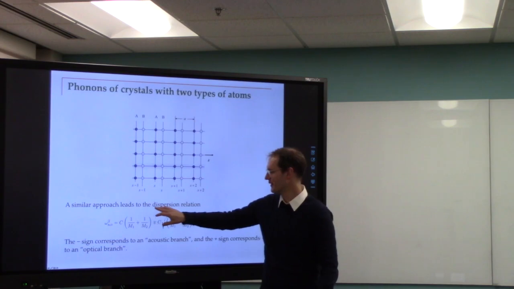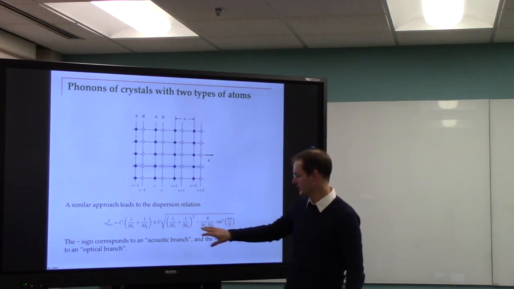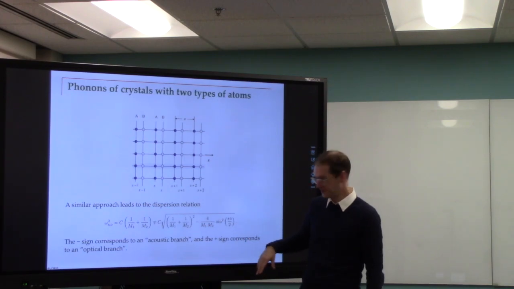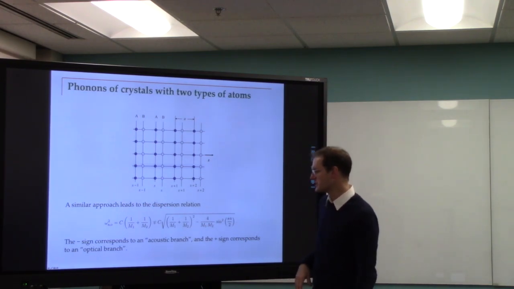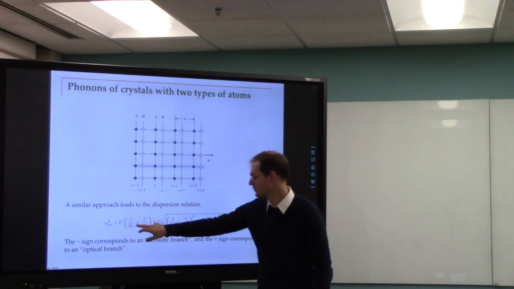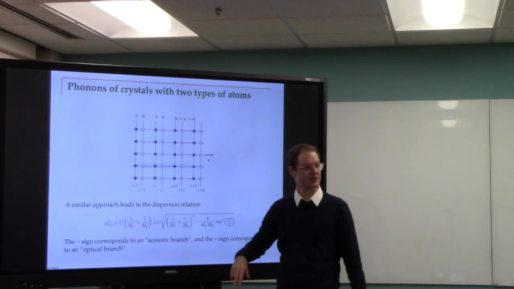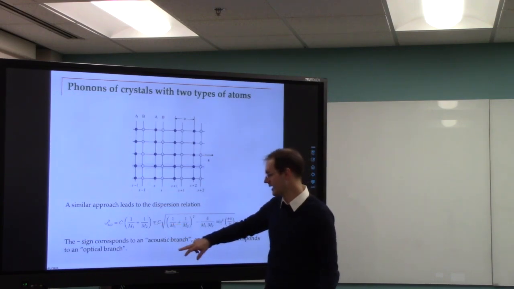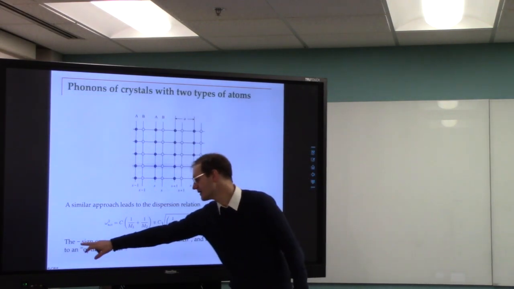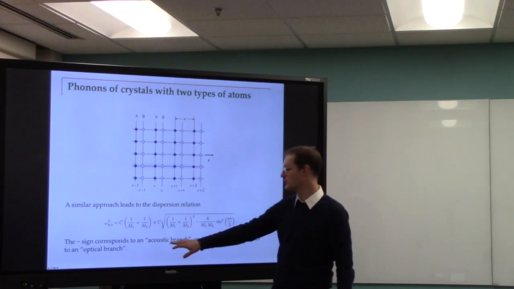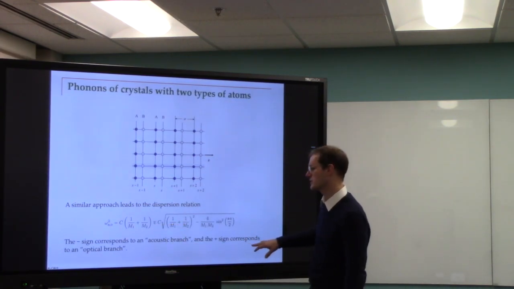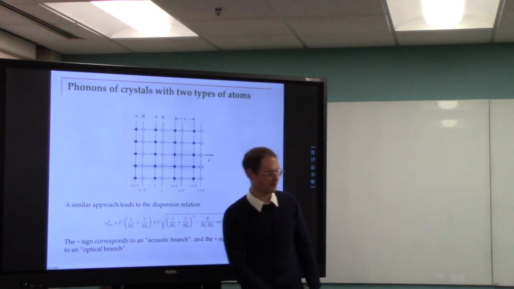I'm not going to go through all the math, but if you do this, you end up with a dispersion relation that looks like this if you use a simple nearest-neighbor model. Notice there are two different frequencies here, one with a minus sign and one with a plus sign. The minus sign corresponds to what's called an acoustic branch of phonon, and the plus sign corresponds to what's called an optical branch.